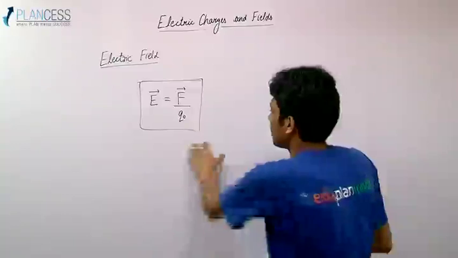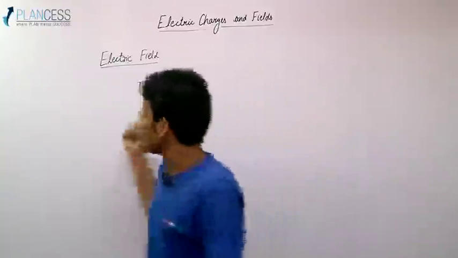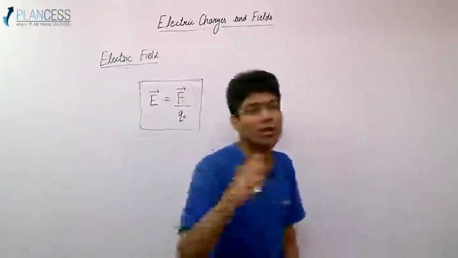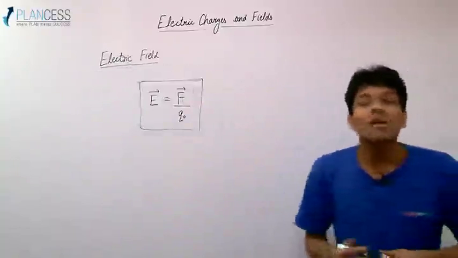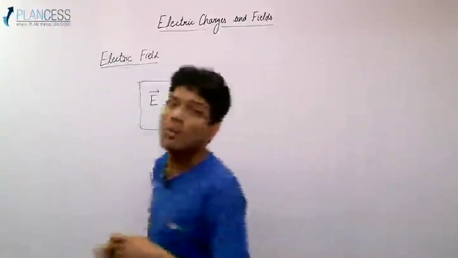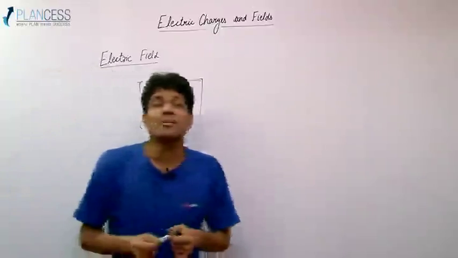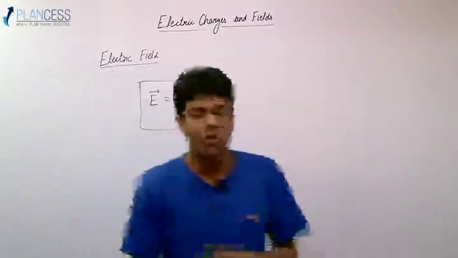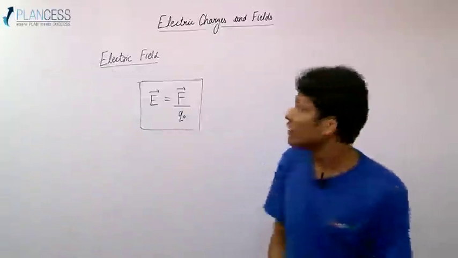Now, one more thing: you know that electric field is a vector quantity. Another thing is that electric field follows the principle of superposition, same as the force does in Coulomb's law.